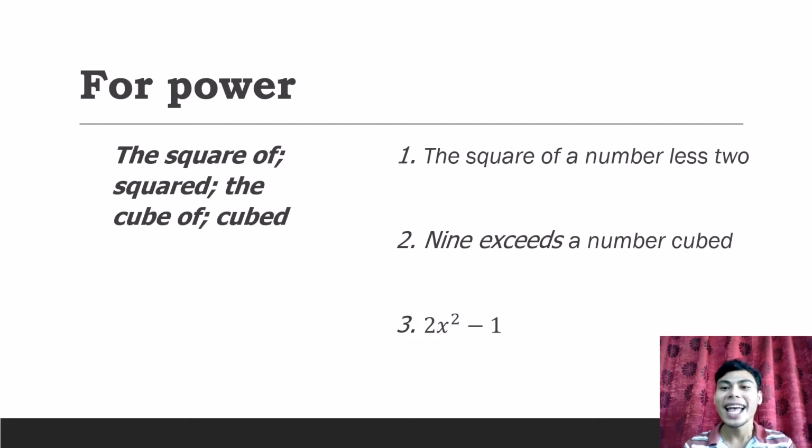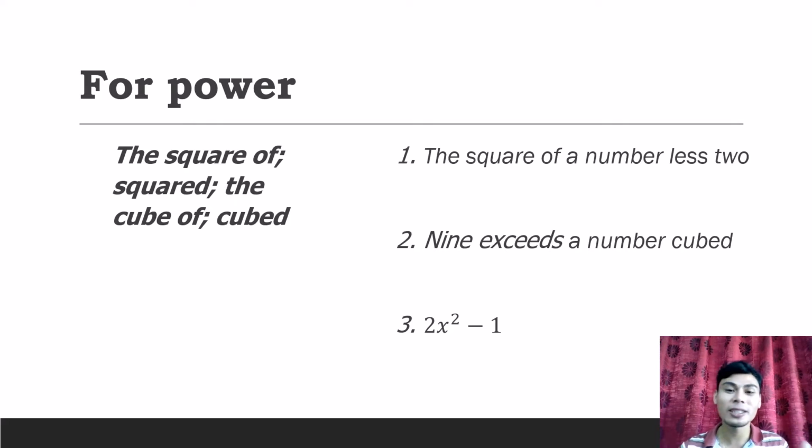So let's have an example. The square of a number less 2. So the square of a number, right? The term square is used. So meaning, we will use the exponent 2. Then the next question, do we know the number at the moment? No. So we use a variable, x, y, or a to z.